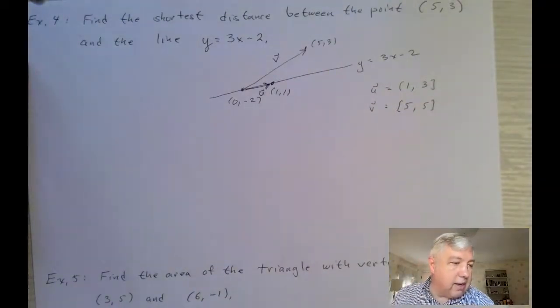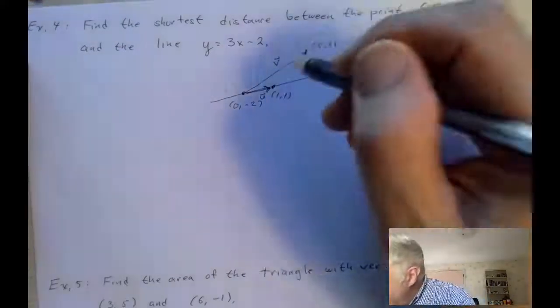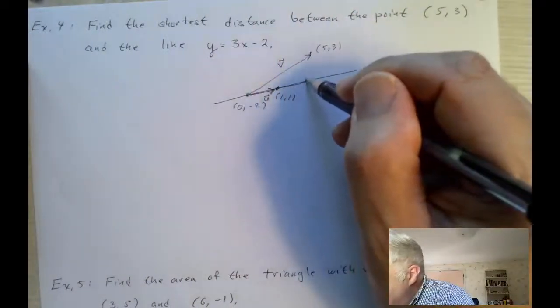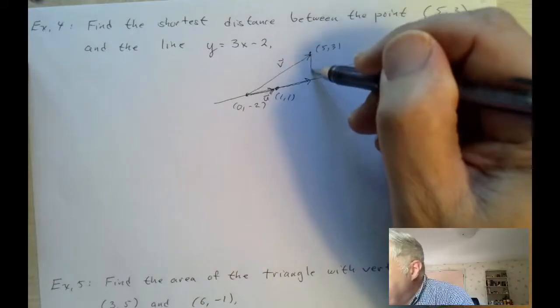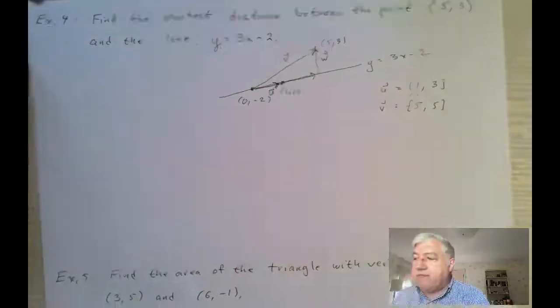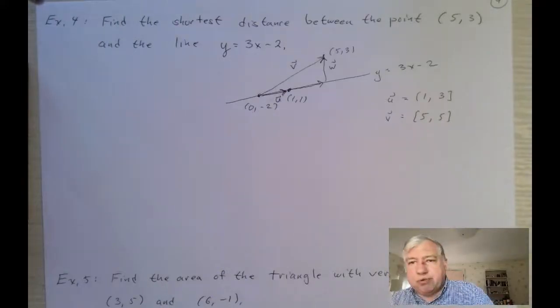Okay, and I think, yes, that's right. Now what we want to do is find this projection. First we're going to find the projection of V onto U, and then we're going to find this vector W, and then the distance will be the length of W. Okay, so there are 3 calculations we want to make.